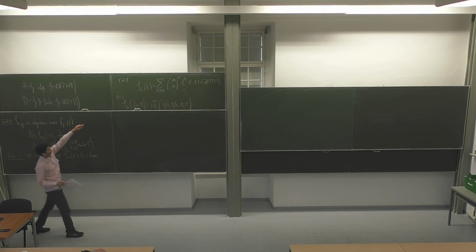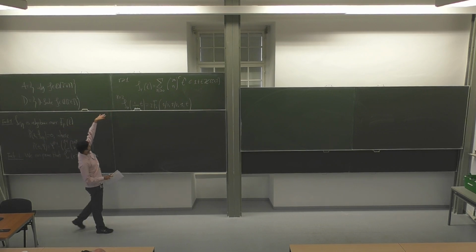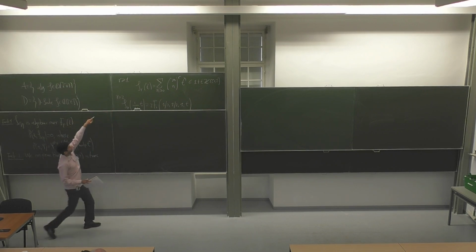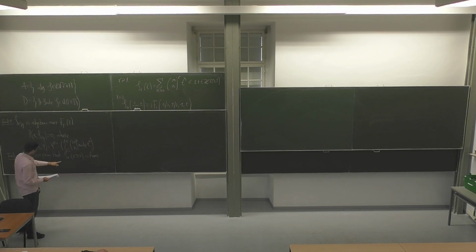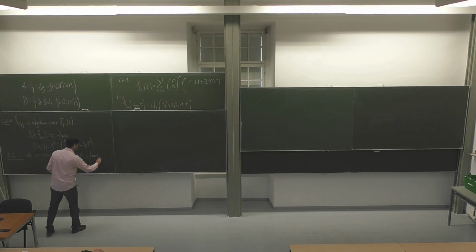Here we could consider r bigger than 0, but in the case r equals 1, F_r is algebraic. For r bigger than 1, F_r is transcendental. So that is important to know.